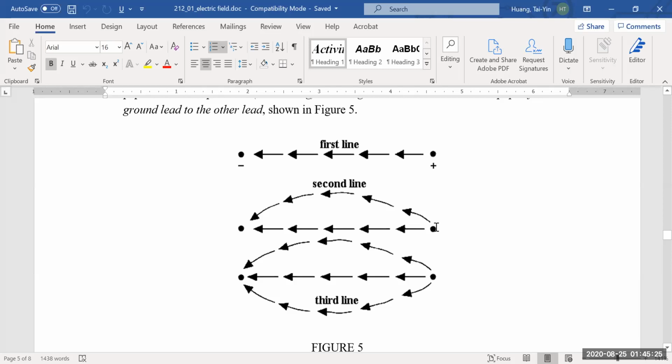And then again, you can see the direction of the electric field is from positive to negative. And then from this one, again, we will pick 3 directions. One is roughly 45 degrees, one is horizontal, and one is below 45, and then trace out the electric field produced by the dipole.